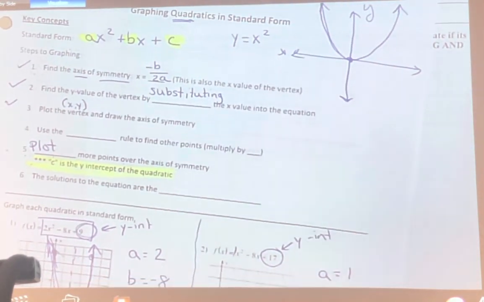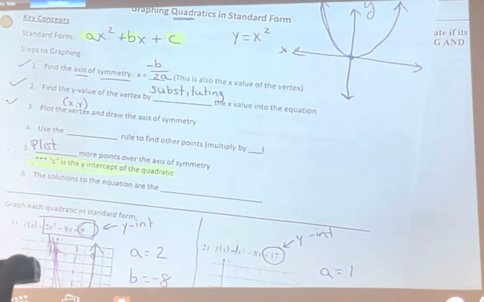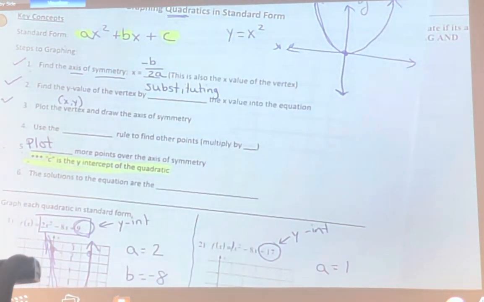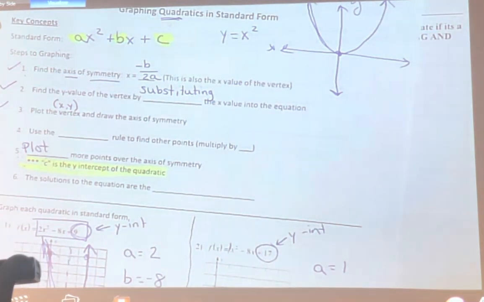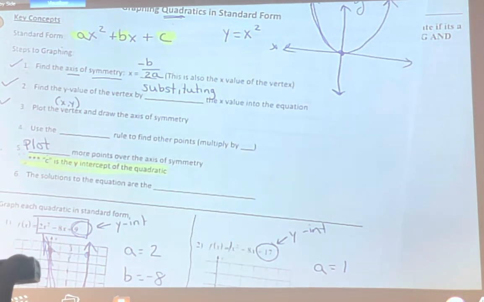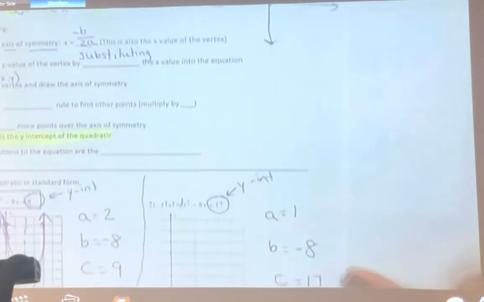And so we just substitute in now. Remember I said you have to be really careful with this negative. So you write negative here, and then parentheses. What's b? Negative 8.